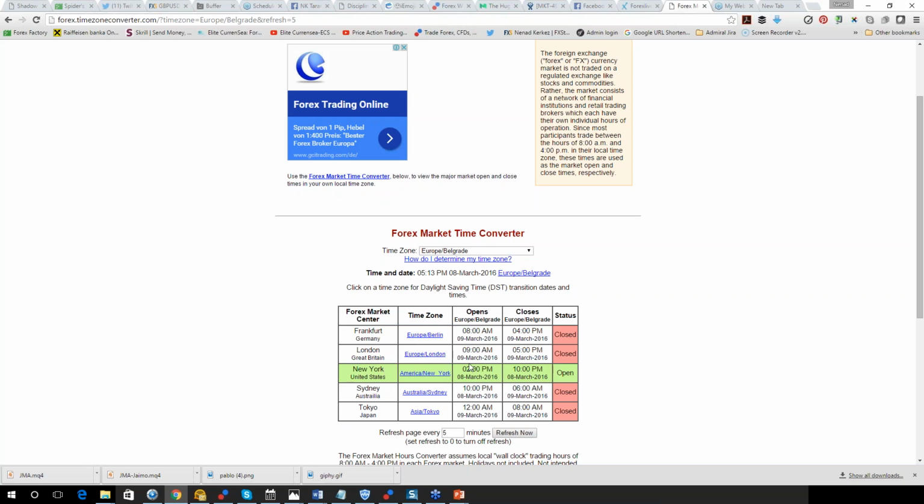So if London starts at 9 a.m. my time, I would look to trade false breakouts between 9 a.m. and 9:30, 10 a.m. and 10:30, 11 a.m. to 11:30. So the first 30 minutes during the first 3 hours of each major session.